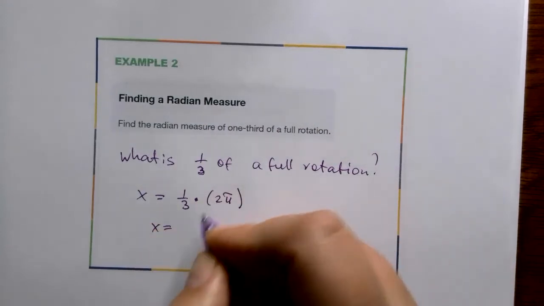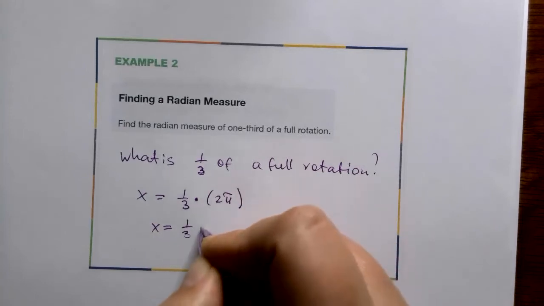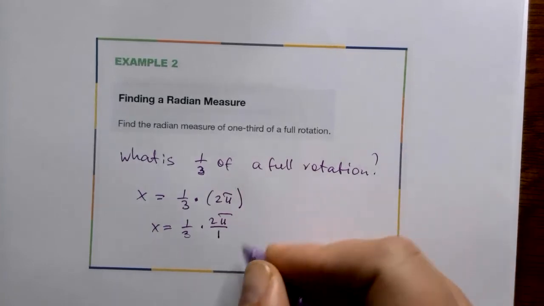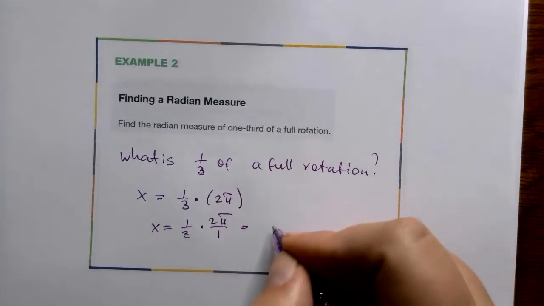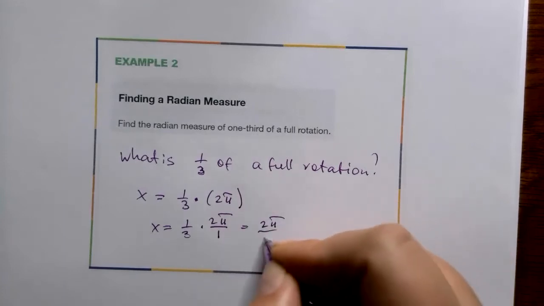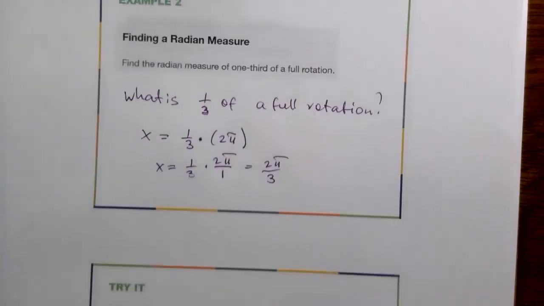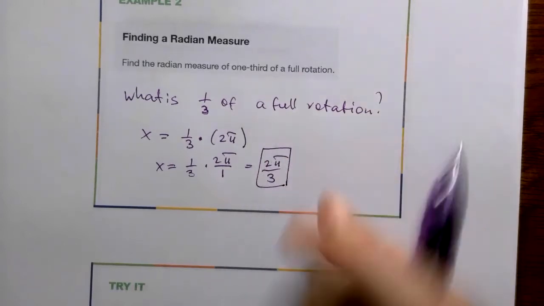When we convert 2 pi into a fraction, we put 1 underneath, and then multiply the numerators and denominators. We have 2 pi over 3. And that's our answer to this question. 1/3 of a full rotation is 2 pi over 3 in radian measure.